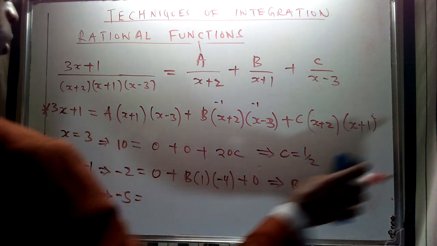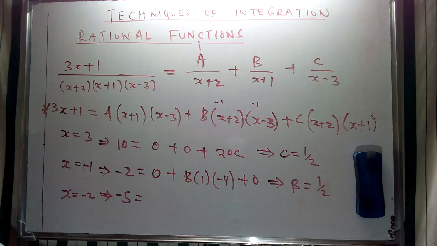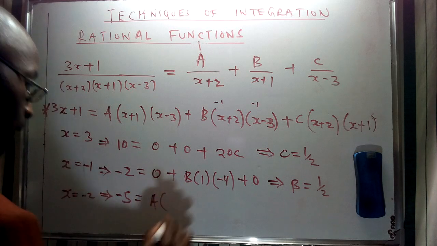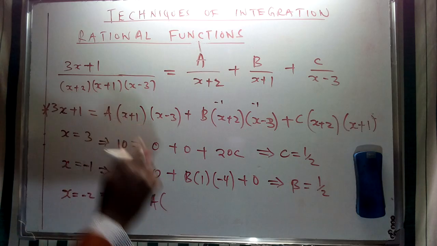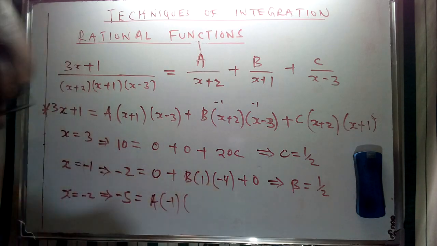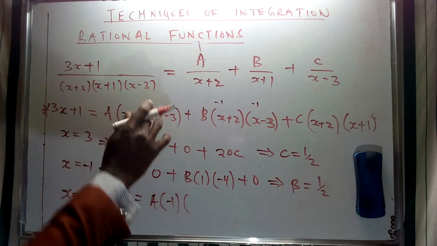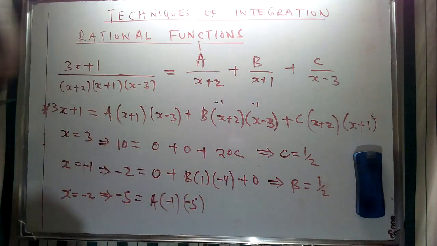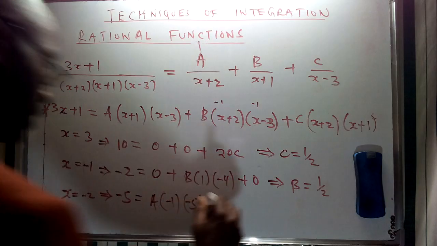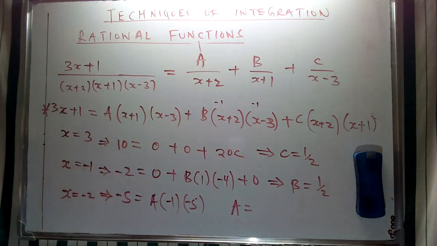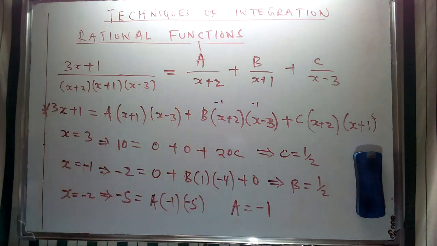So that's what is going to give us the value for A, whereby A is given as A into negative 1 into negative 5, which basically implies that the value for A is going to be negative 1.